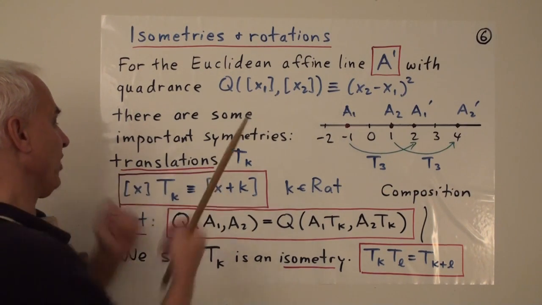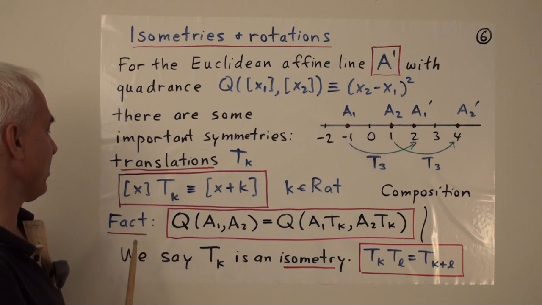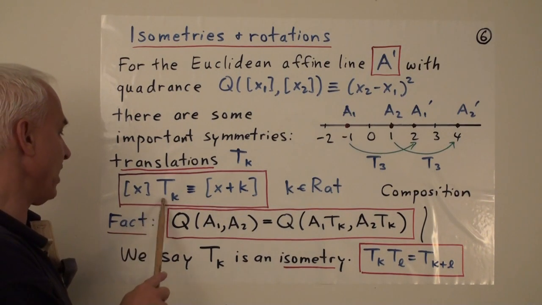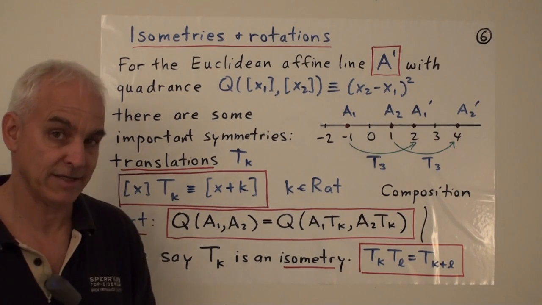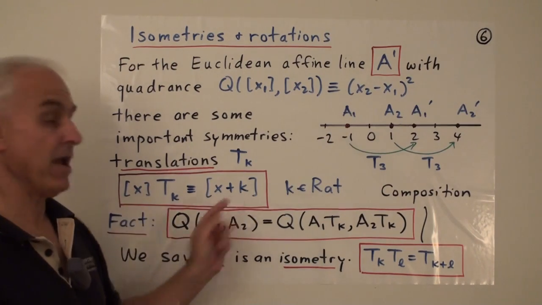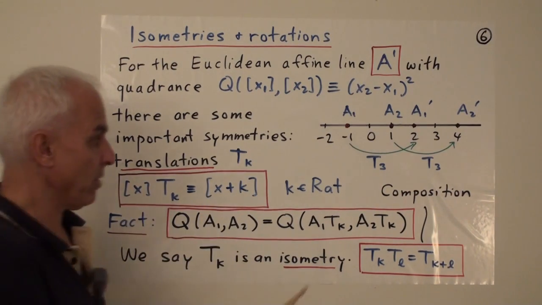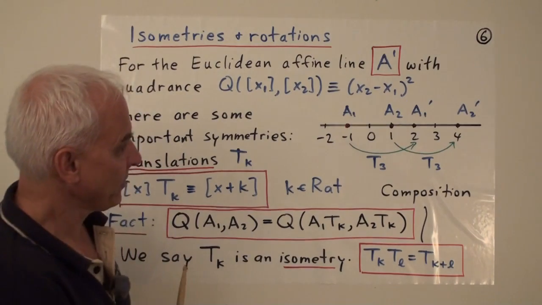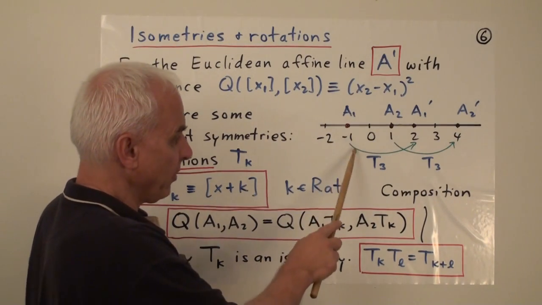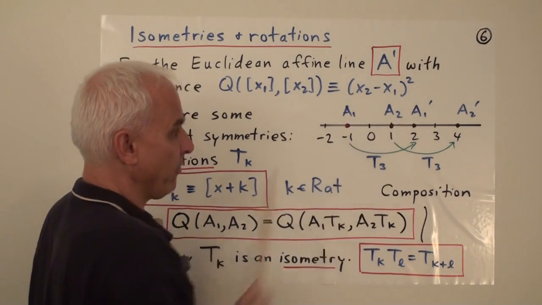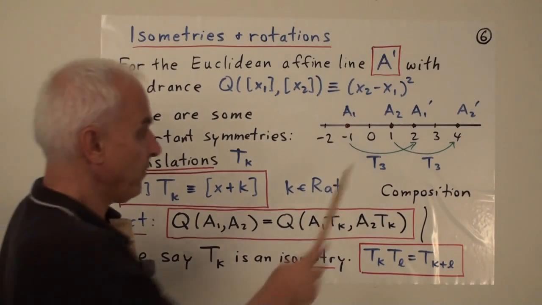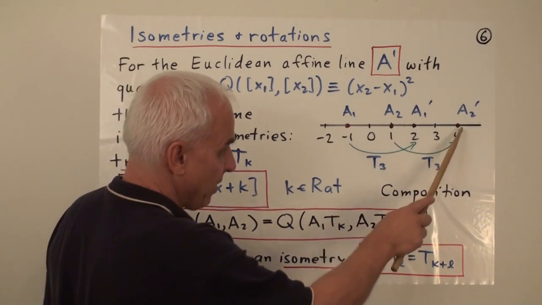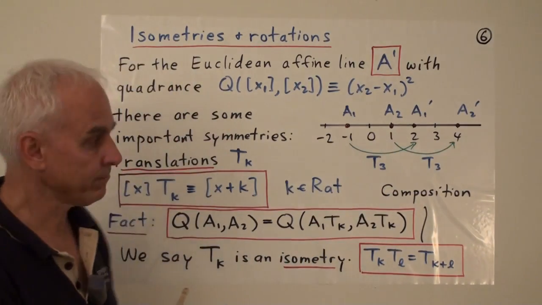And we'll interpret this as saying, well, this is the result of taking this one point and applying the translation t sub k. We're translating it by k, which is what we're doing geometrically. So if we had a1 here and we translated by 3, we would get up to this point a1 prime. If we had a2 here and translated it by 3, we'd get a2 prime.